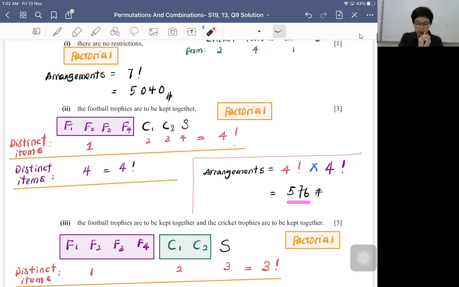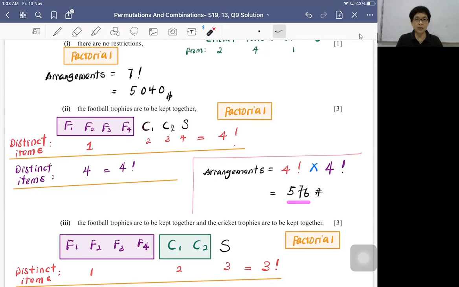Then we count how many distinct items we have to move about: football considered as 1, cricket 2, cricket 3, and then the swimming. So we have 4 items that we can juggle around.